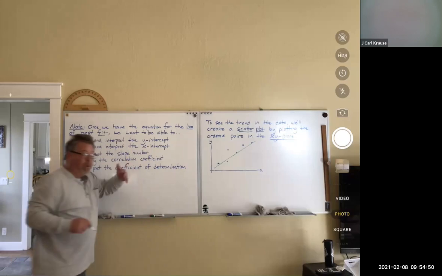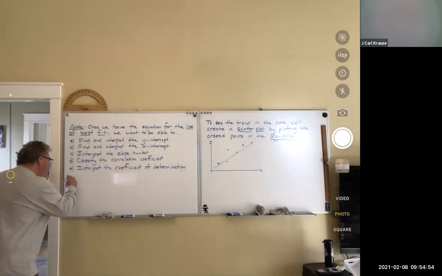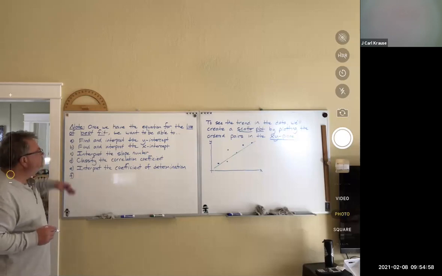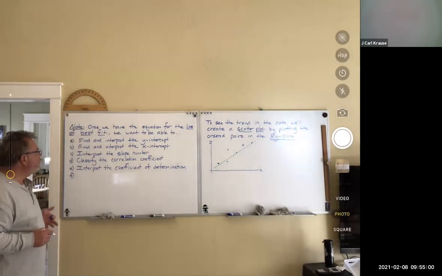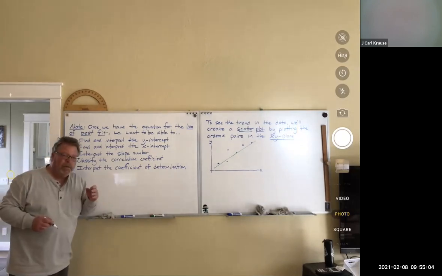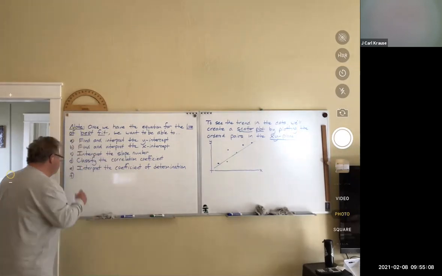And I'll explain what all these things mean when we get into it. And then typically what we want to be able to do is to use the line of best fit, or the equation for the line of best fit, to make a statement or a prediction.